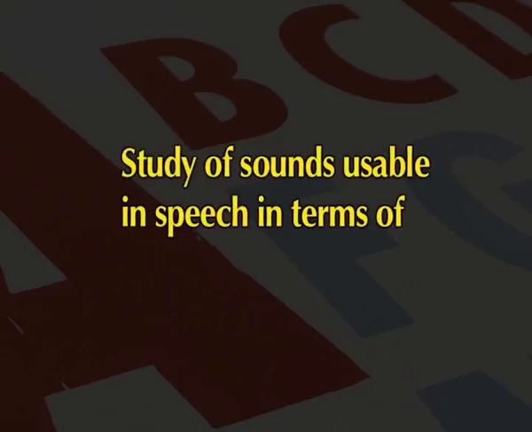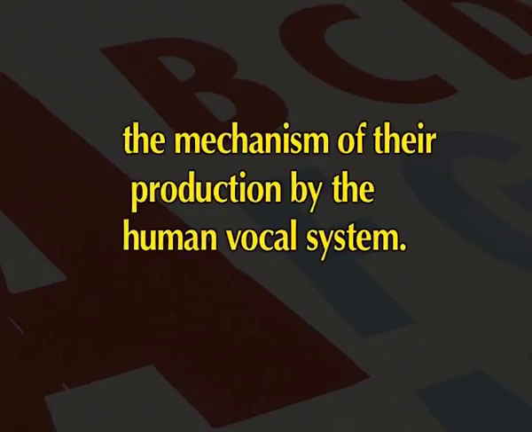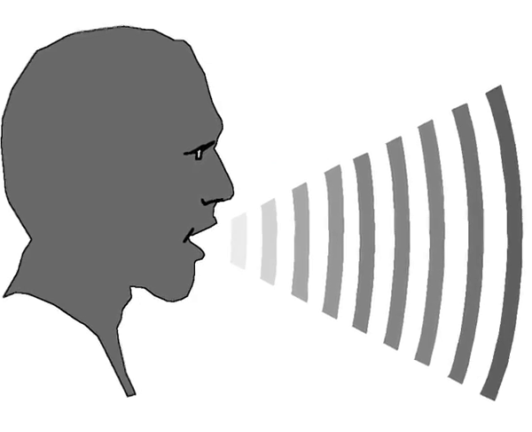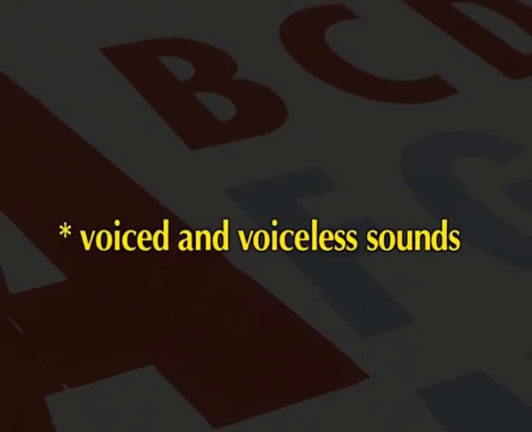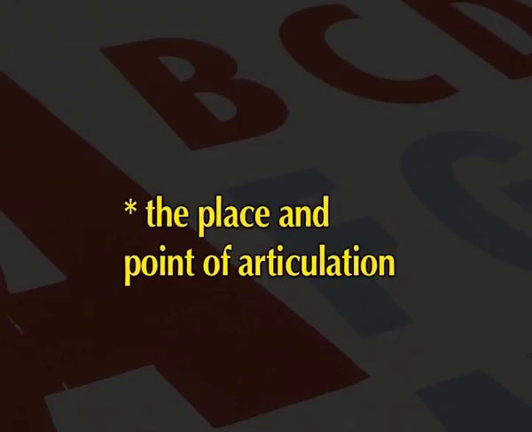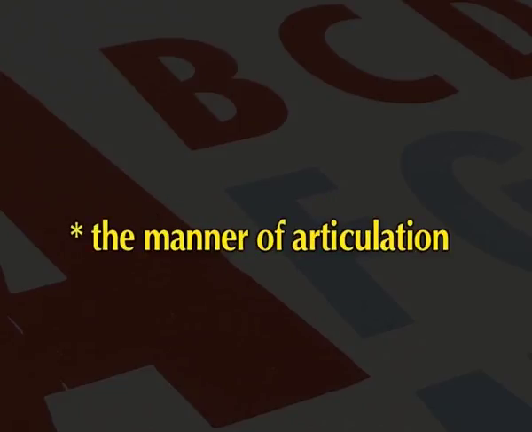A very important part of phonology is phonetics. This is concerned with the study of sounds usable in speech in terms of the mechanism of their production by the human vocal system. The phonetic classification of speech sounds is based on 3 variables: 1, voiced or voiceless, based on the occurrence of vibration in the larynx; 2, the place or point of articulation in the mouth, and 3, the manner of articulation.